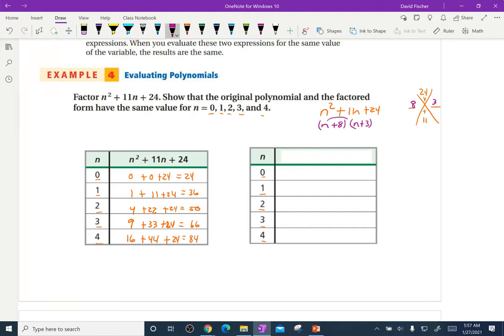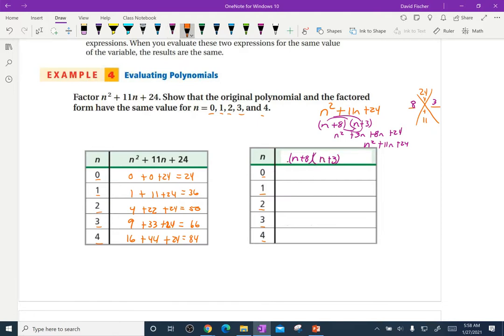Let's make sure before we do all our work. N squared plus 3n plus 8n plus 24. N squared plus 11n plus 24. Nice. So the two factors are n plus 8 and n plus 3.